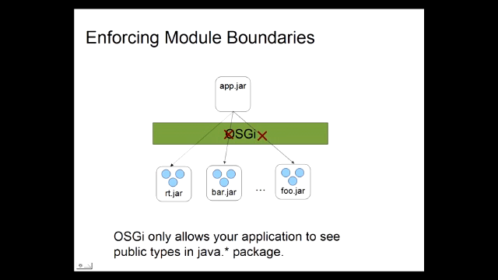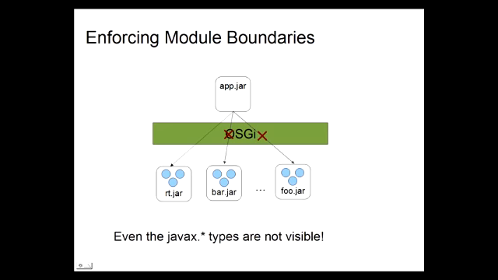So anything in the app.jar will not be able to see packages from the bar.jar or the foo.jar. You'll notice that even the javax packages provided by the VM are not visible. Again, only the java.* packages provided by the rt.jar in this case are actually visible to the app.jar.